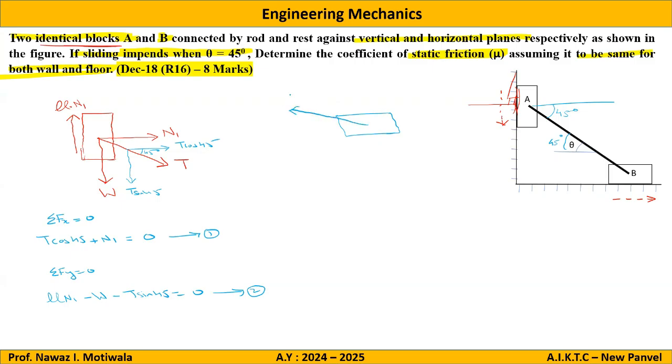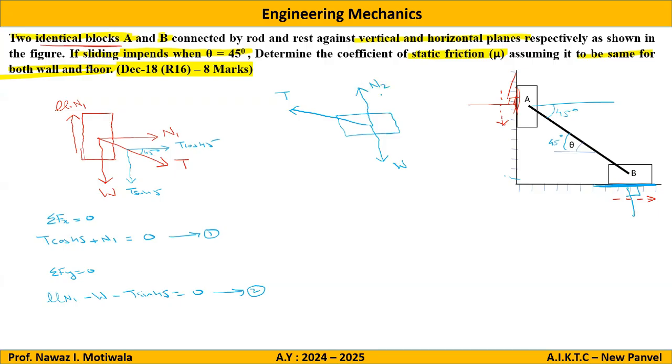So I will make a tension in the rod as T. Then self weight, as we have considered the weight as W, here also I will consider it to be W because they are identical. Then reaction at contact surface. As you can see from the diagram given, surface is horizontal, hence the reaction will be vertical because it is perpendicular to it. So I will transfer it here in the free body diagram. This will be your N2.